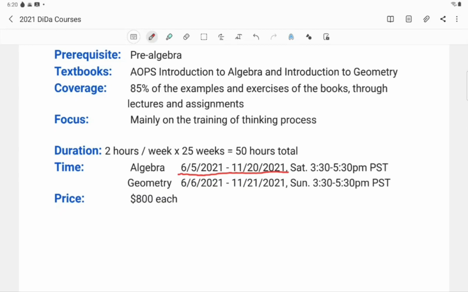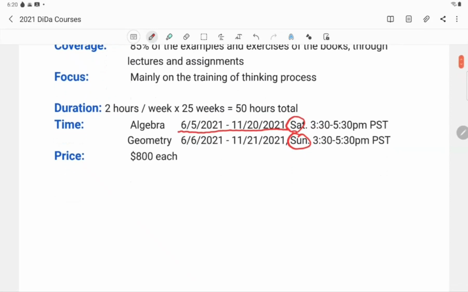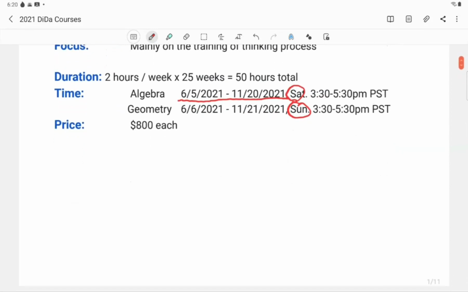For algebra, the lesson is from 3:30 to 5:30 p.m. PST on Saturdays, and for geometry, it's the same time but on Sundays. The price is $800 each. The price was arrived at after taking into account the inputs that some of you provided in the questionnaire. So thank you very much for that.